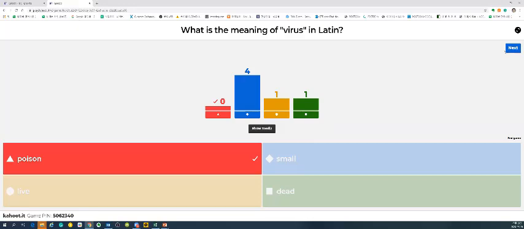Maybe something is causing this disease, and they called this virus, but the original meaning is toxic, causing disease.